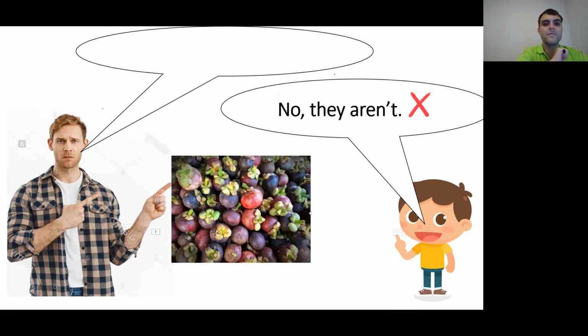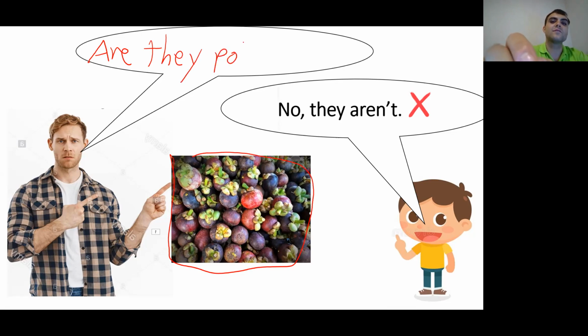All right. What would he be asking here? Any ideas? So what are these? These are mangosteens. So he can't be asking, are they mangosteens? So I'm going to say he's going to ask, are they potatoes?